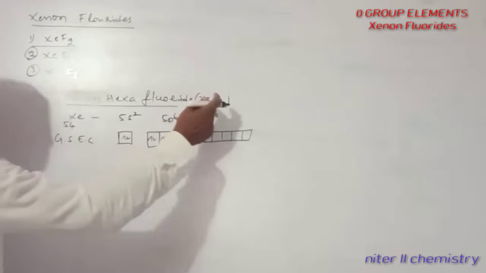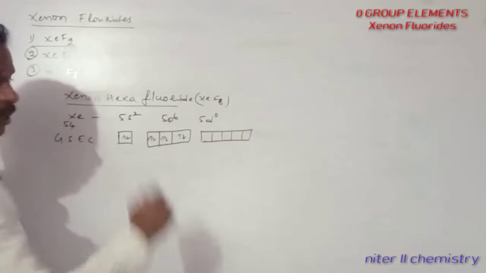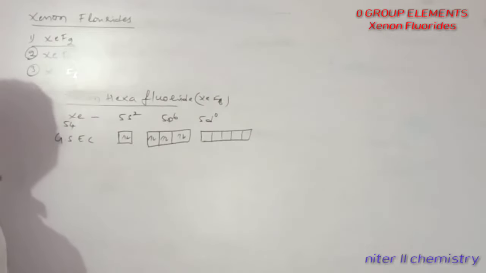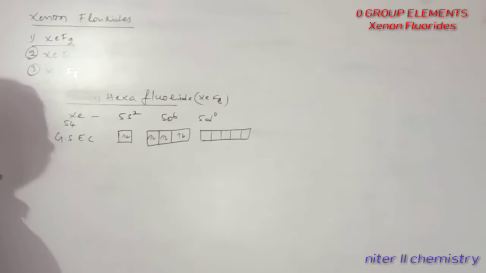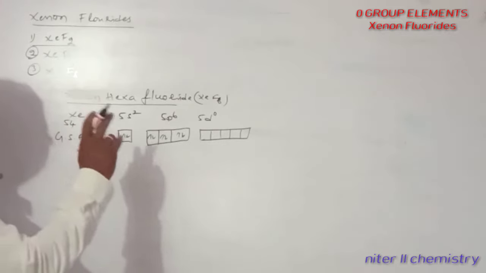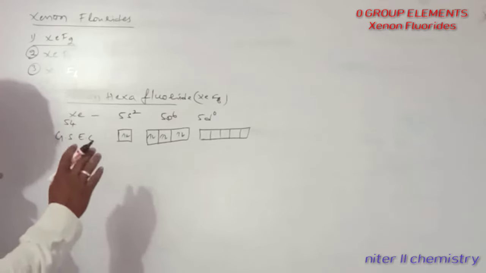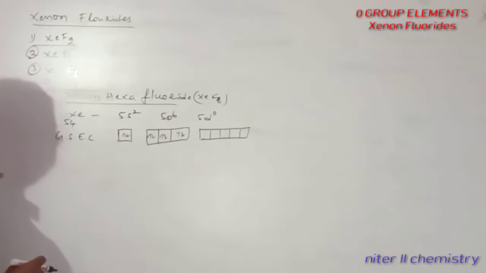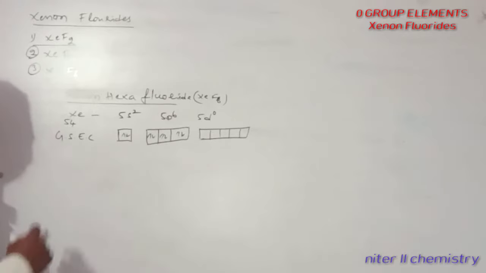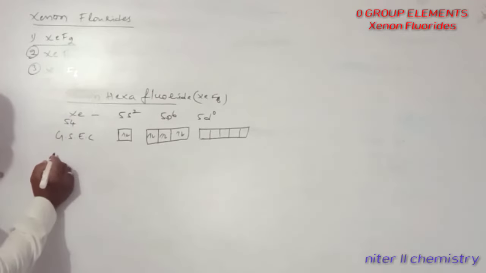So here in XeF6, xenon hexafluoride, how many fluorine atoms are there? 6 fluorine atoms. So it is also a monovalent atom, so it can form only a single bond. So xenon must contain 6 unpaired electrons. Then we get 6 unpaired electrons only in the third excited state.